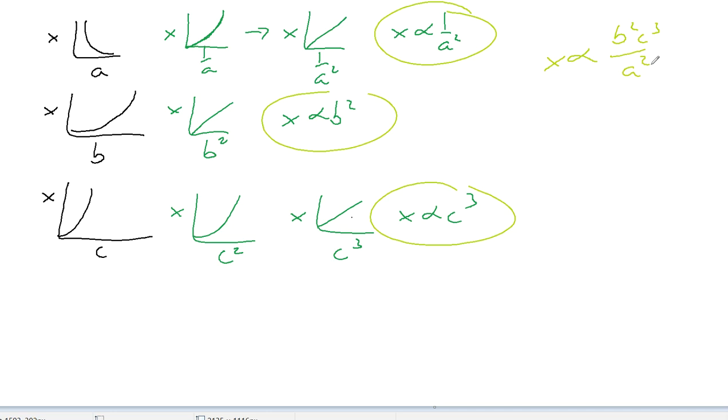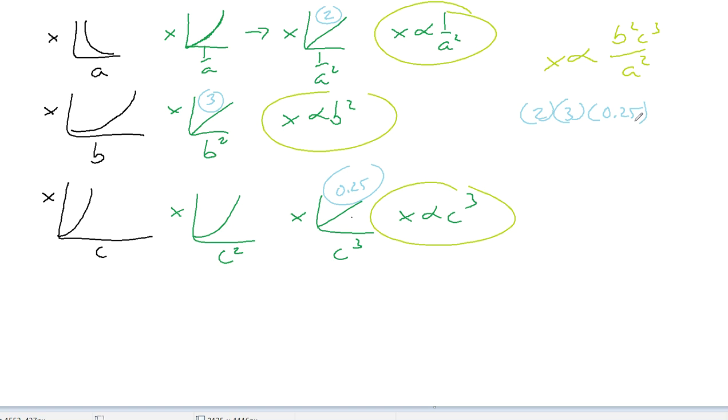So let's just make something up here. Maybe the slope for this one was 2. Maybe the slope for this one was 3. Maybe the slope for this one was 0.25. I would take those slopes and put them together. I would do 2 times 3 times 0.25.